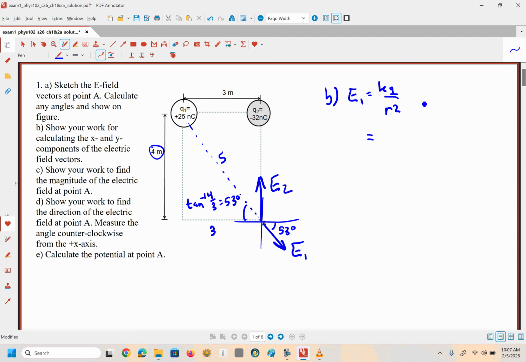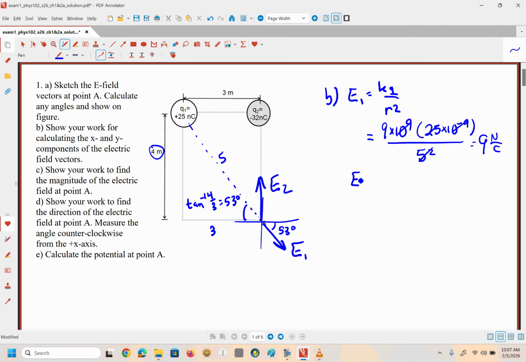That's going to be 9 times 10 to the 9th times Q1, which is 25 times 10 to the minus 9, divided by the distance, which is 5 squared. These cancel and that cancels, and it leaves me with 9 newtons per coulomb.